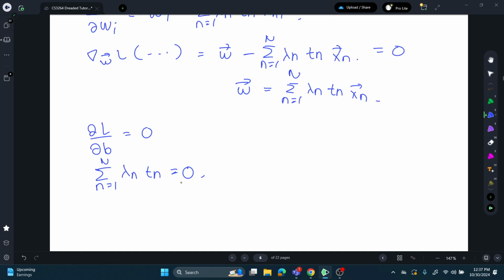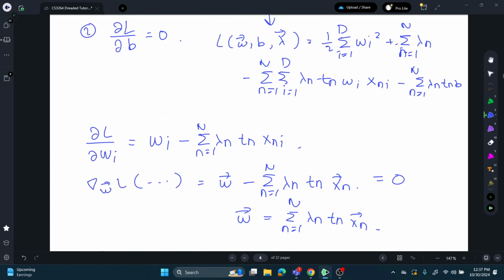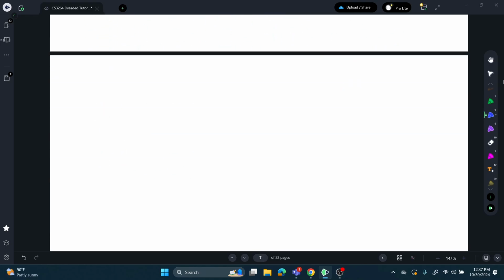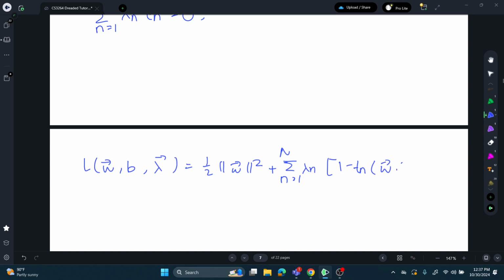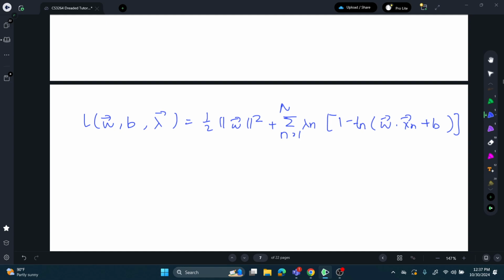So I can actually substitute these values back into the original Lagrangian. I substitute back here. So I can say this is my L(w, b, lambda), just putting back whatever has been provided here: lambda n, 1 minus tn, w dot xn plus b. Okay, so substituting here, I can just rewrite this w squared.